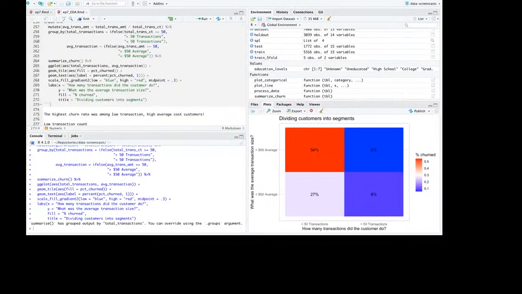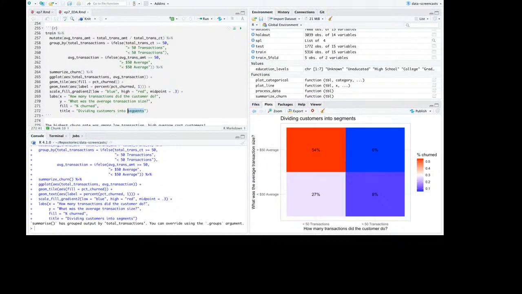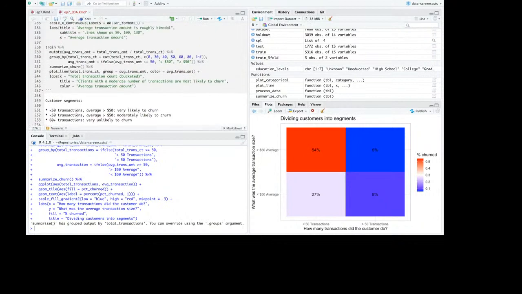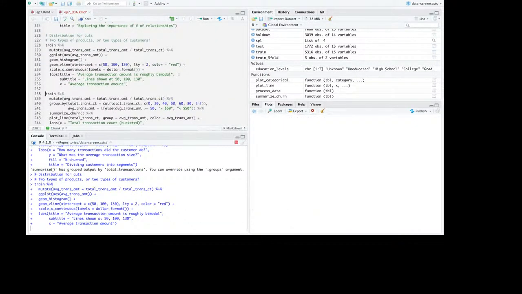Oh, that's going slow. Okay, so to summarize our learnings on average transaction amount.